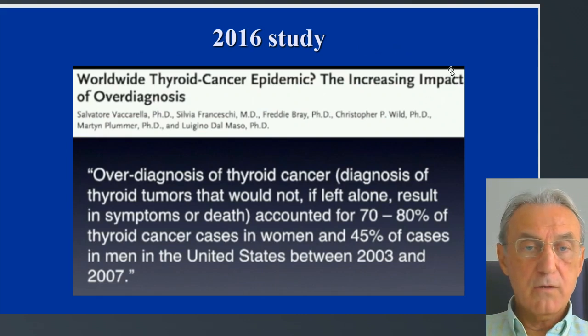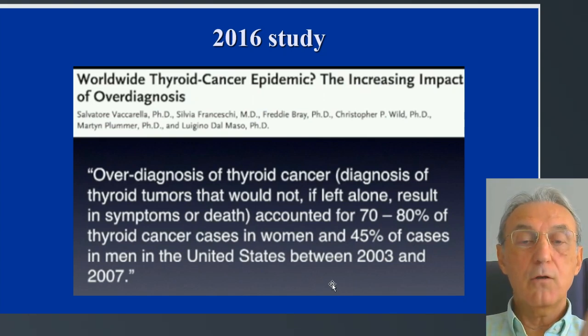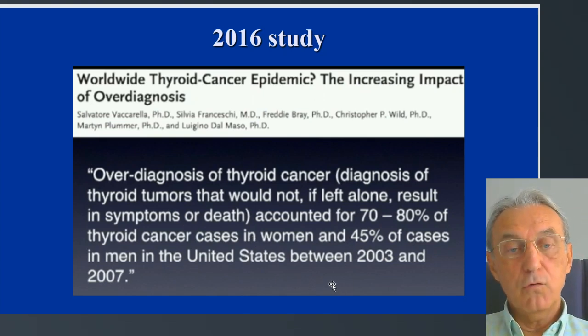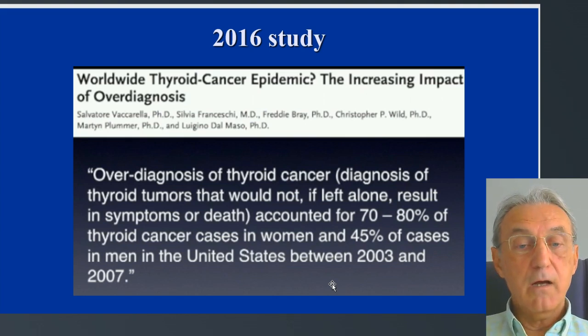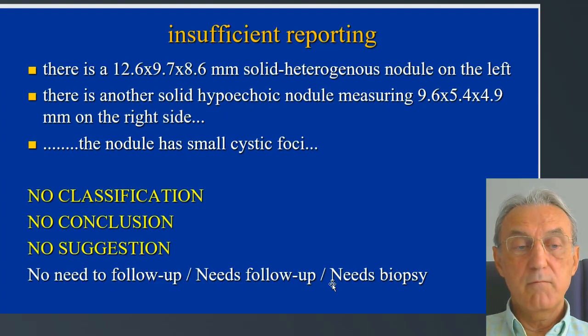In a 2016 study, the authors found that overdiagnosis of thyroid cancer, which means the diagnosis of thyroid tumors that would not, if left alone, result in symptoms or death, accounted for almost 80% of thyroid cancer cases in women and almost half of the cases in men in the United States in recent years.